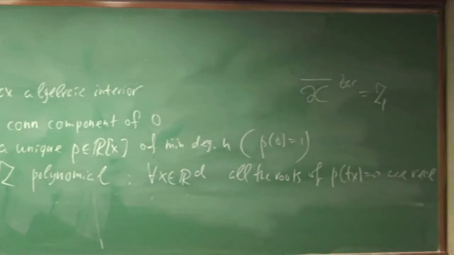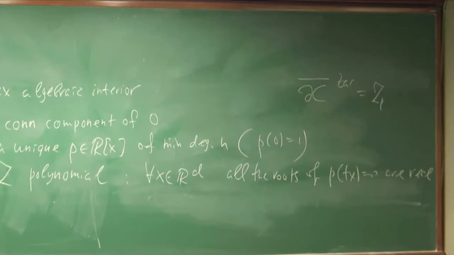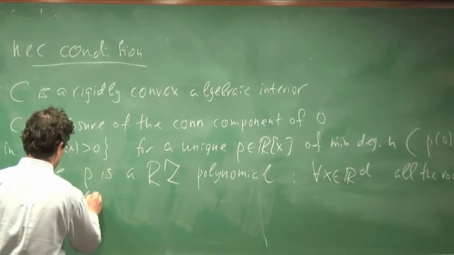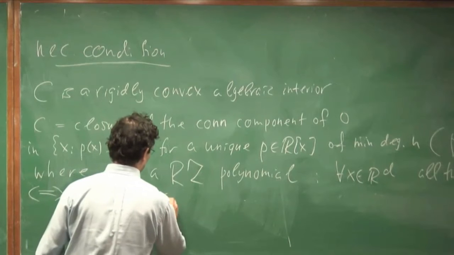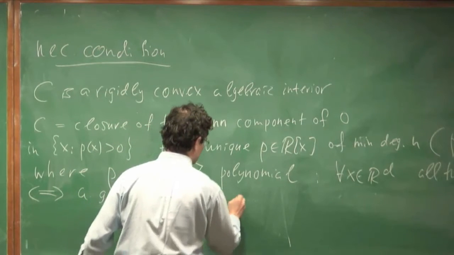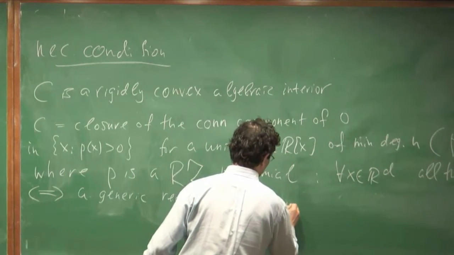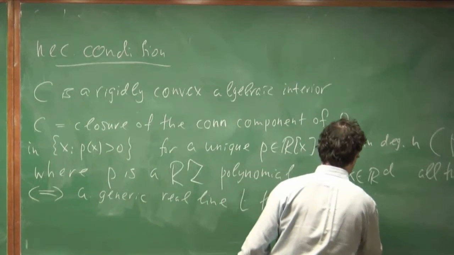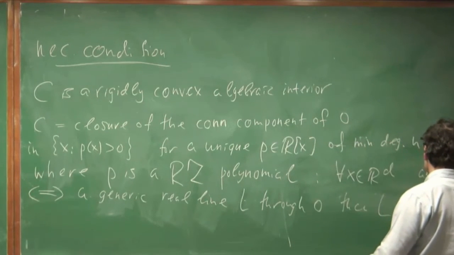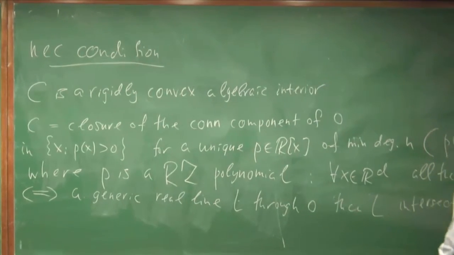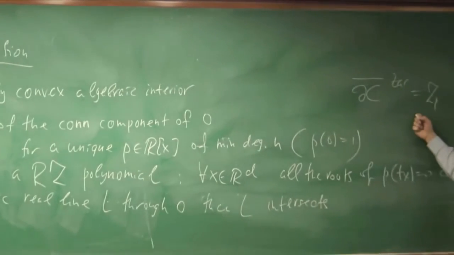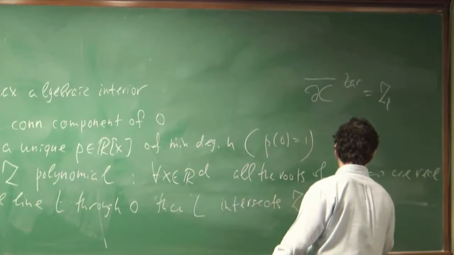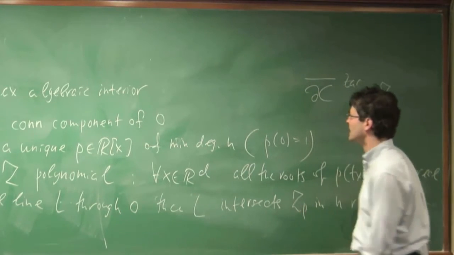Or, as again was discussed in several previous talks, this is the same as saying that if we take a generic real line L through 0, then L intersects this real algebraic hypersurface, the Zariski closure of the boundary, in n real points where n is the degree.